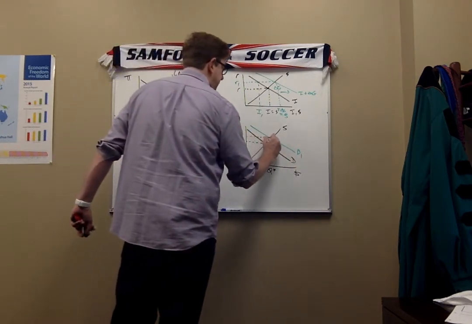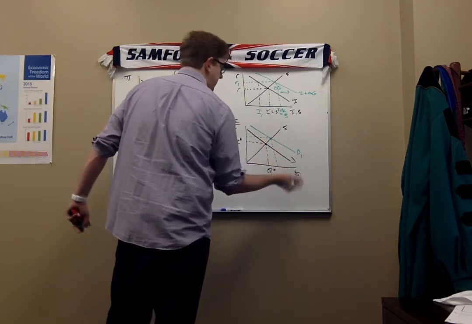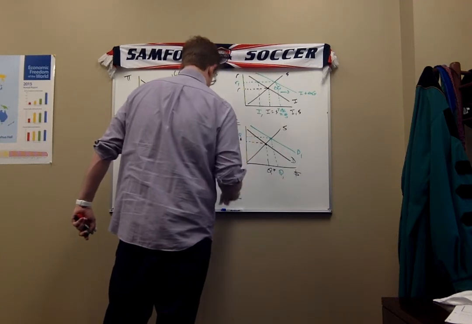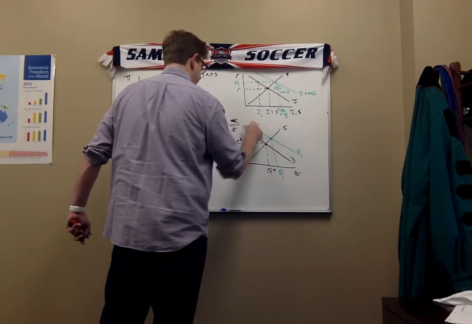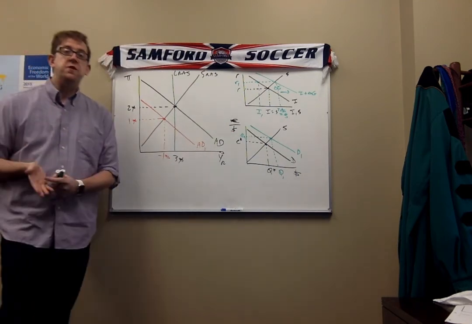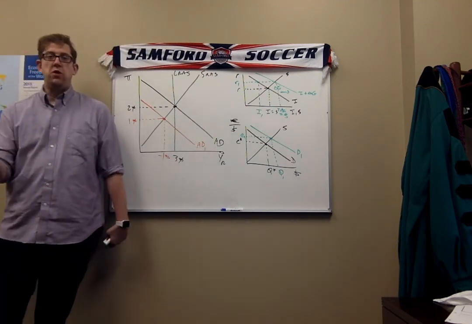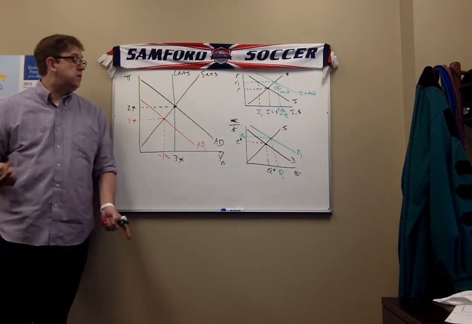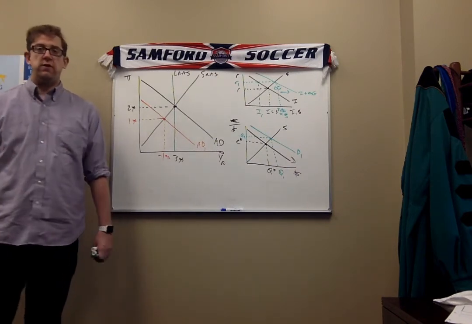That's going to increase the exchange rate. That's going to make dollars more expensive abroad. And if dollars get more expensive abroad, foreigners are going to buy fewer American assets. So what this is going to do is depress exports.